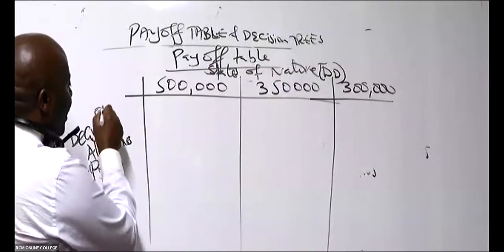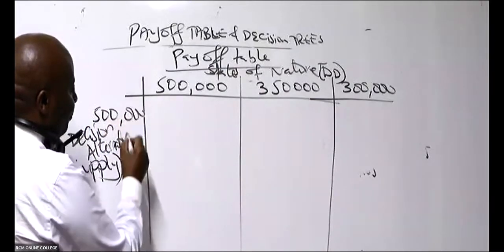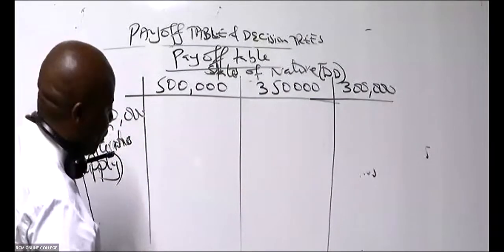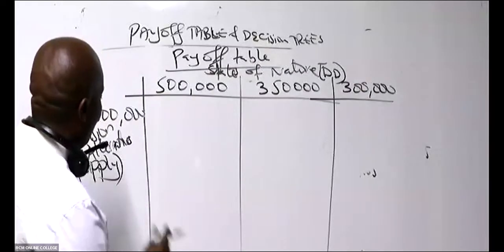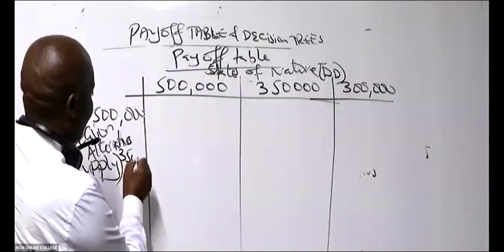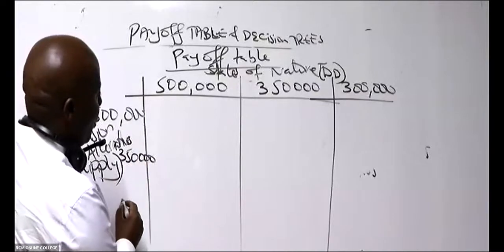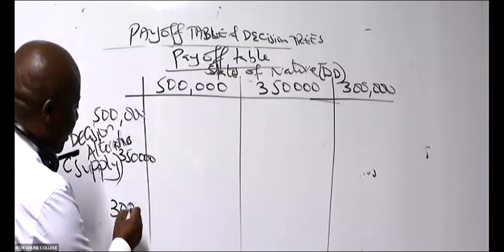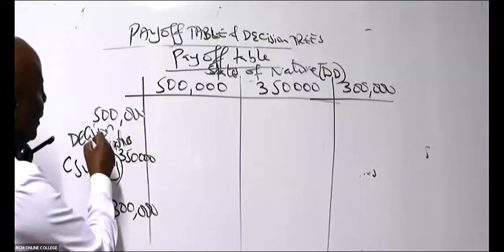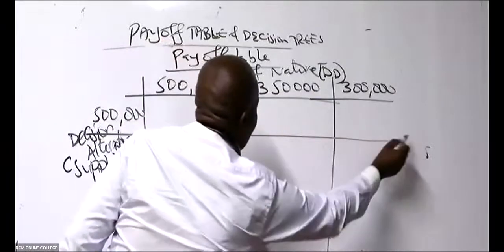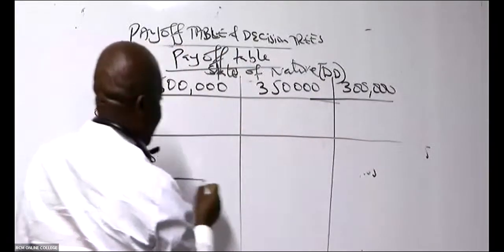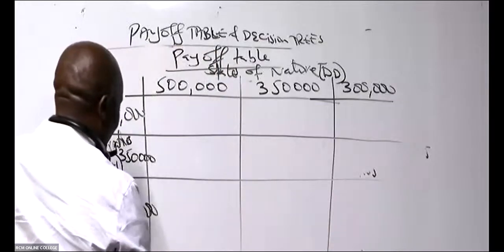So the first supply here should have been 500,000. The second one should have been 350,000. And then lastly, we have 300,000. You must match them like that.